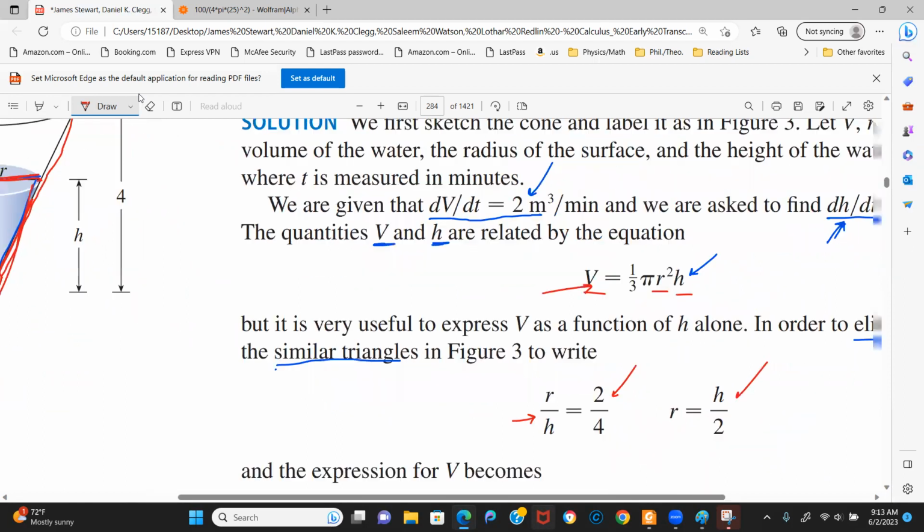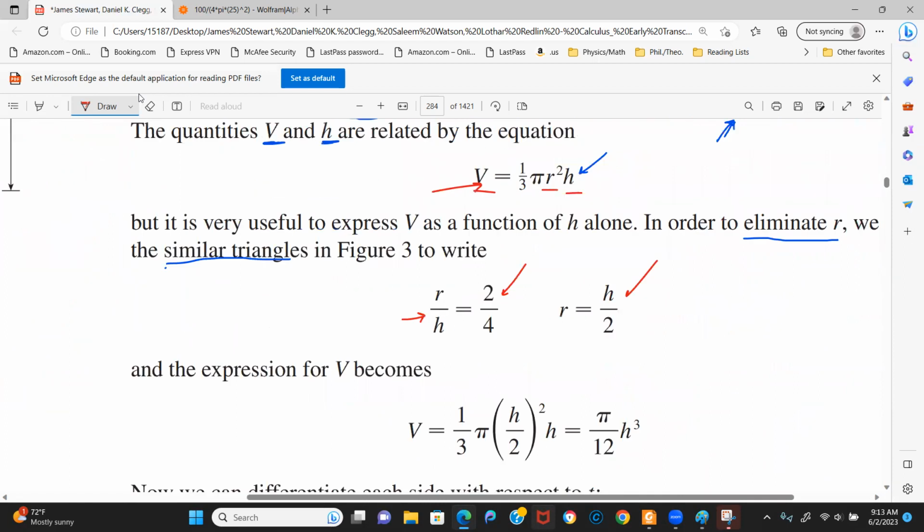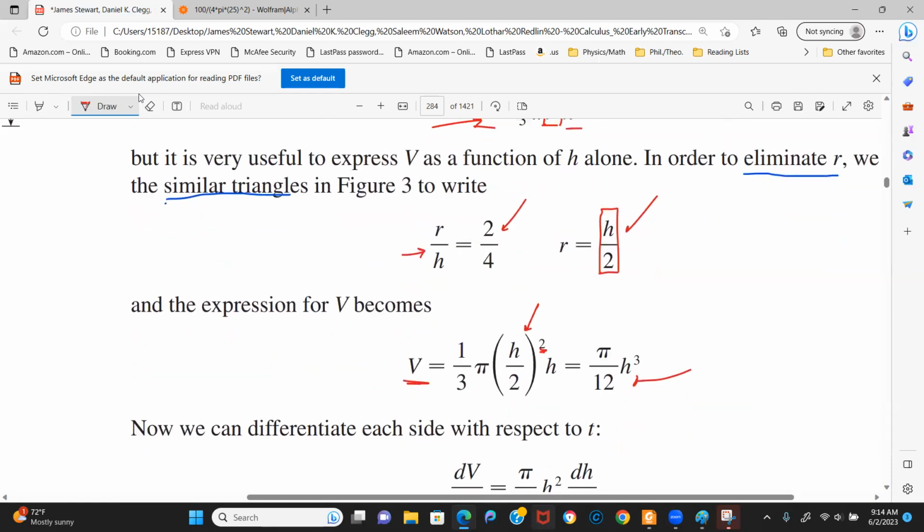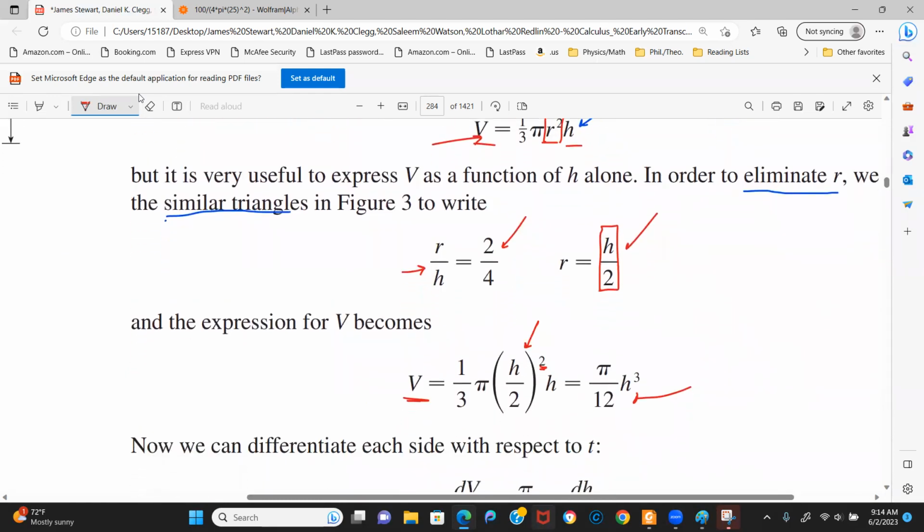So you replace this r by h over 2, and square it. After simplification, V is equal to pi over 12 h cubed. We've completely eliminated r, which is good because we're only given things about h and V.